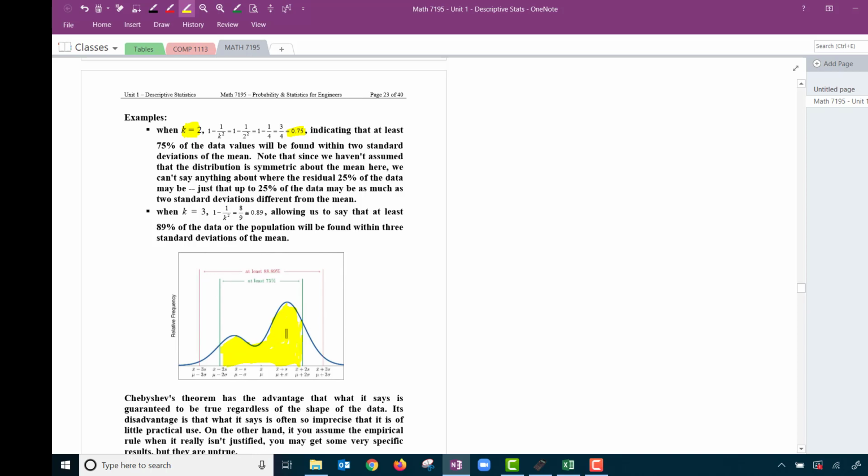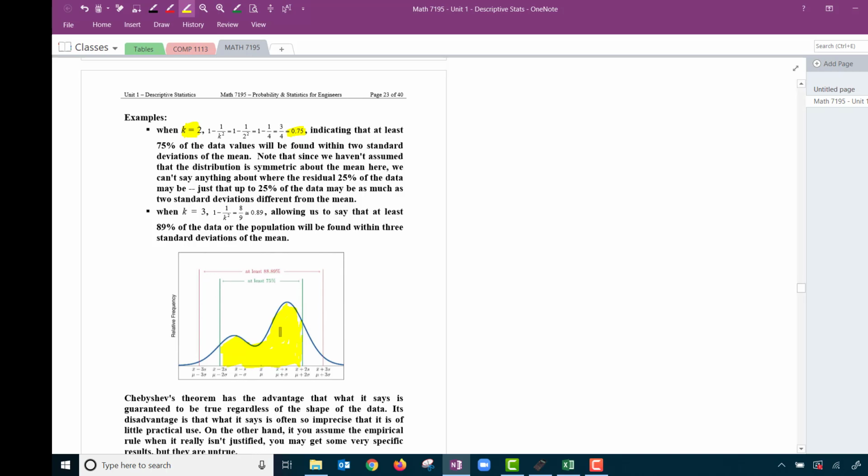So Chebyshev's theorem applies to these strange graphs, but it also applies to the bell curve as well, because at least 75% does include the number we memorized 5 minutes ago of 95%. The empirical rule said 95% of my values are within 2 standard deviations.